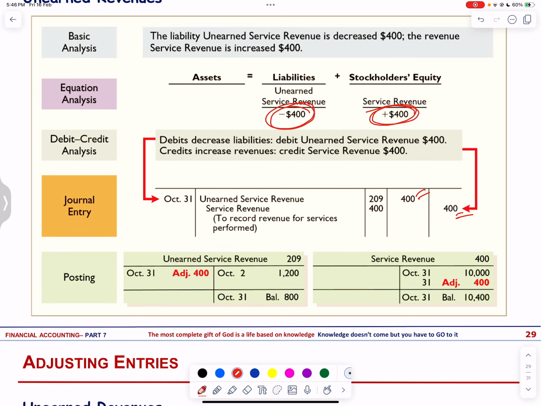Service revenue is 10,000 in the trial balance, and now it is credited by 400. So we have a total revenue of 10,400, and unearned service revenue is debited by 400. So now we have a balance of 800.